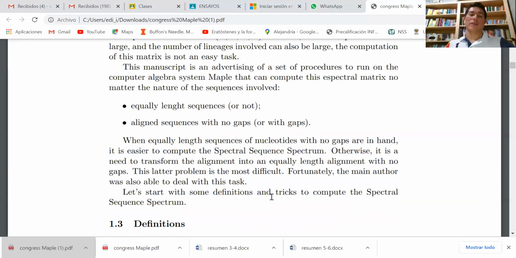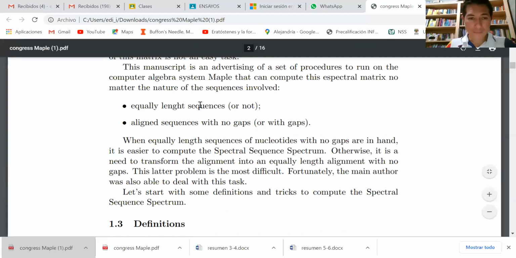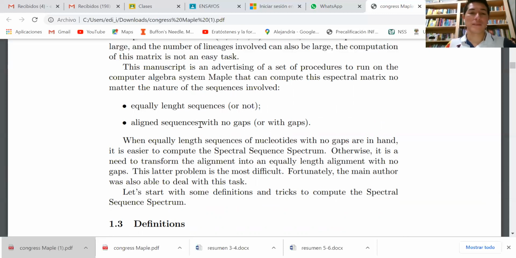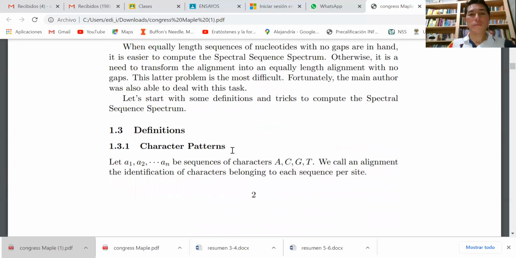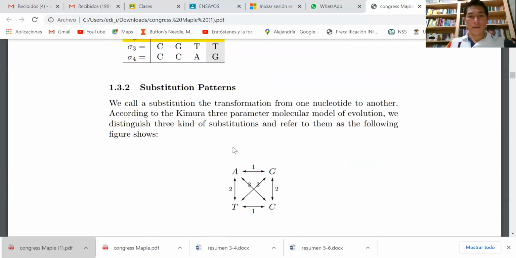In real cases, we could have lineages that are represented by sequences of nucleotides that are not equally long and have gaps.